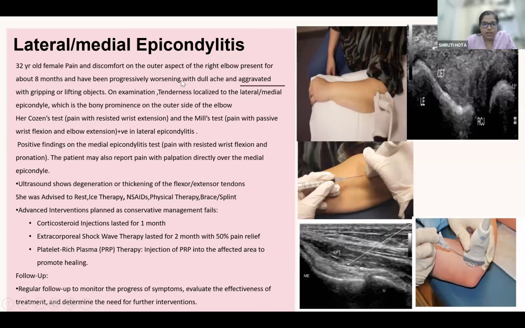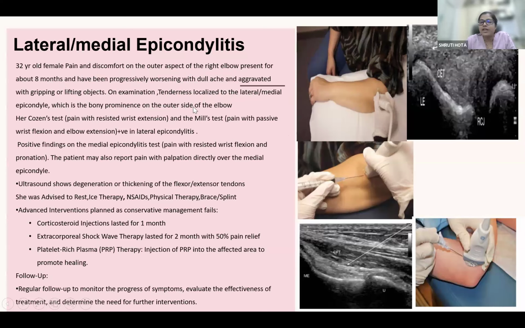It has been progressively worsening with a dull ache and is aggravated with gripping or lifting objects. On examination, you can find tenderness localized to the lateral or medial epicondyle, which is the bony prominence on the outer side or inner side of the elbow.